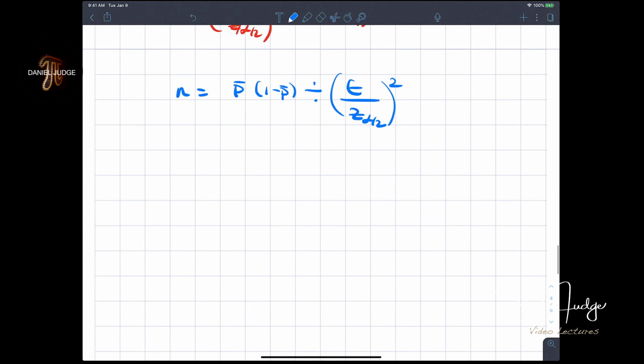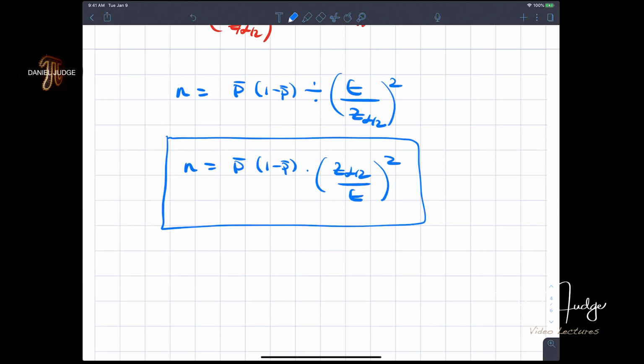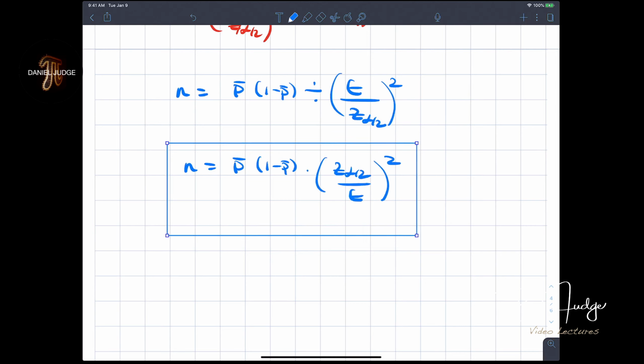And dividing by a fraction is the same as multiplying by the reciprocal. So you'll have Z alpha over 2 over my error squared.